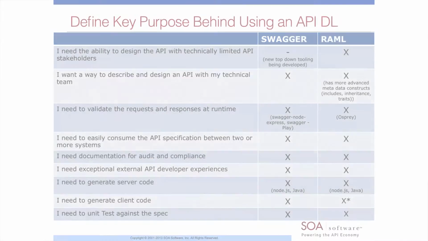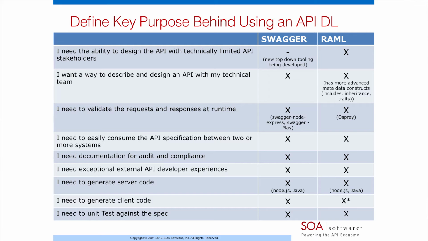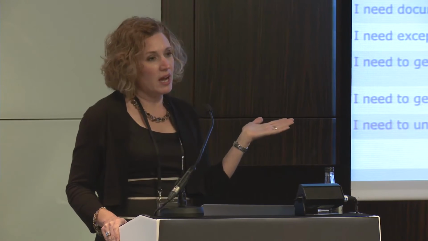Okay. The next one, I want to describe and design an API with my technical team. Okay, so let's say you're a bunch of techies, right? You don't have to worry about non-techie people having a say in your APIs. What do you want to do? Well, both of them make a good option here.